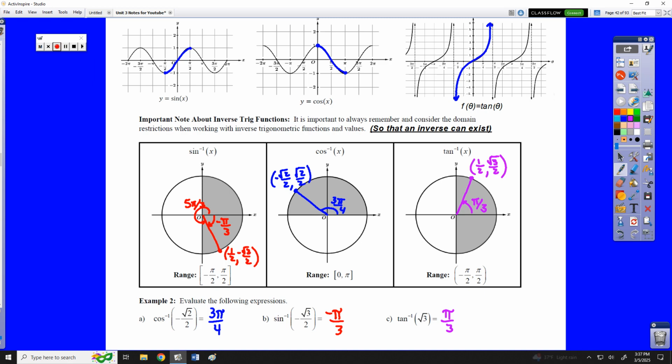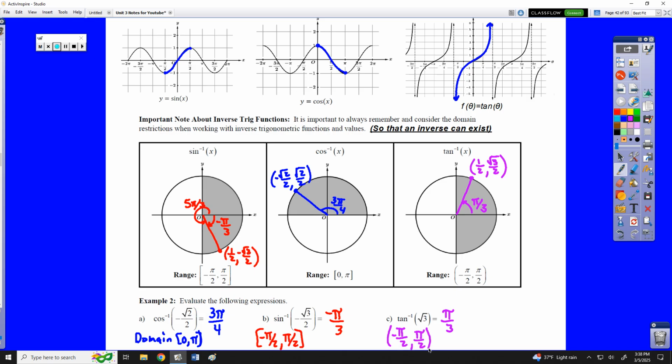Our output would be 3 pi over 4 for part A, negative pi over 3 for part B, and pi over 3 for part C. And remember that that has to do with the restricted domains: for cosine, it's from 0 to pi, for sine you're going from negative pi over 2 to pi over 2, and for tangent, you're going from negative pi over 2 to pi over 2.